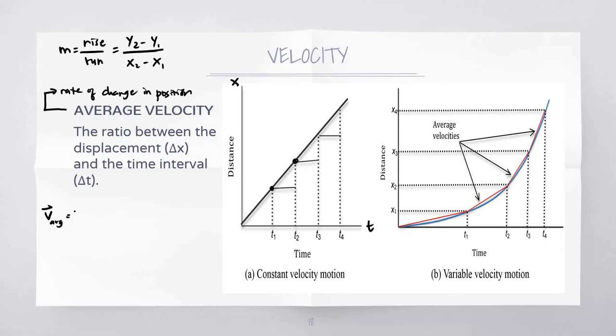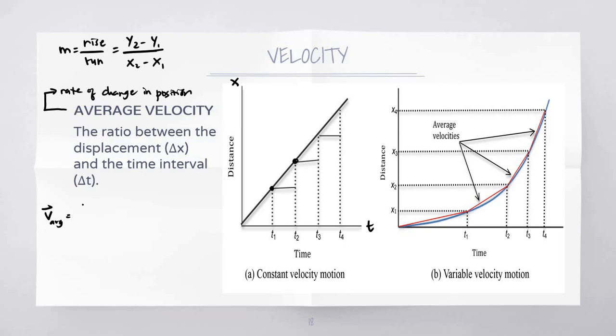So average velocity is equal to, so the one in the numerator will be the variable in the y-axis, and that is our position x. So that's x sub 2 minus x sub 1. But since we've already used it in our mathematical equation for getting the slope of the line, instead of using subscript 2 and 1, we will use subscript final and initial.